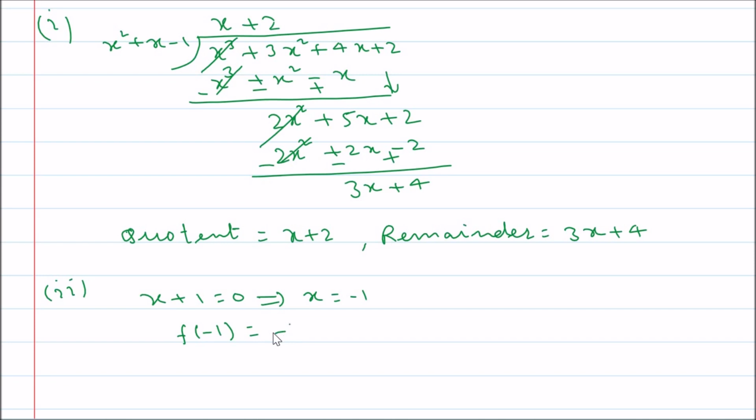Minus 1 here, so minus 1 cube plus 3 into minus 1 square plus 4 into minus 1 plus 2. And if you calculate this, that gives us 0.